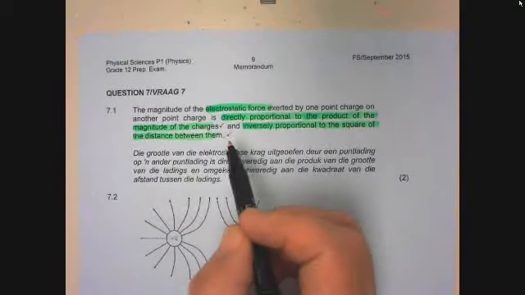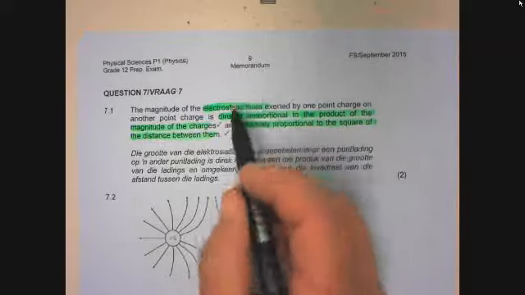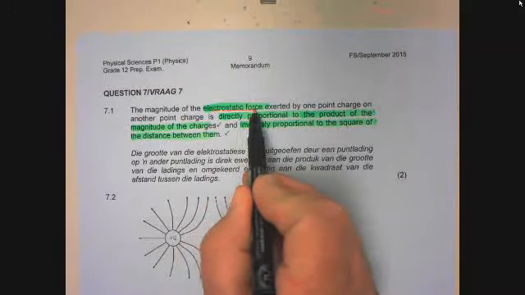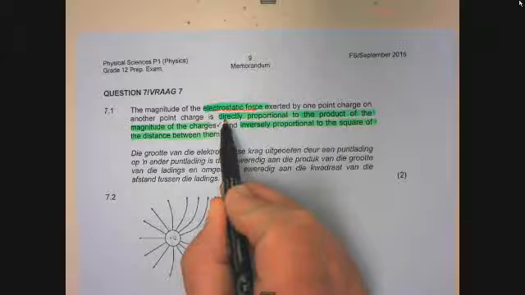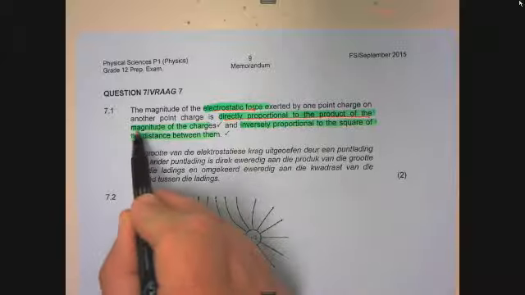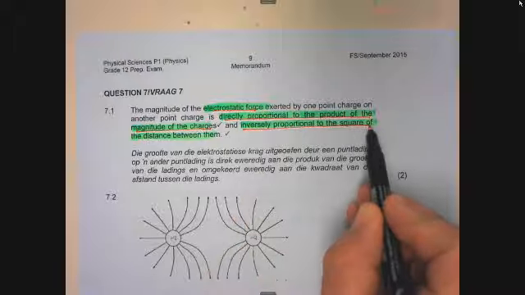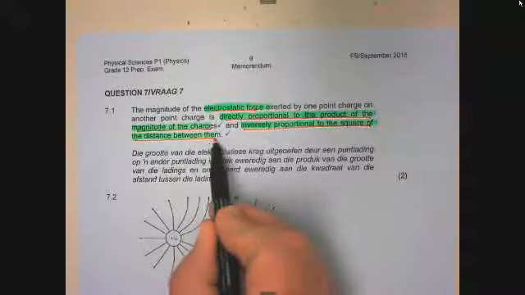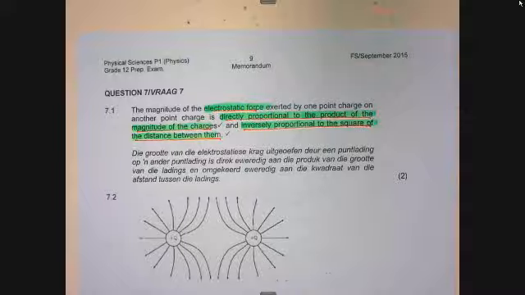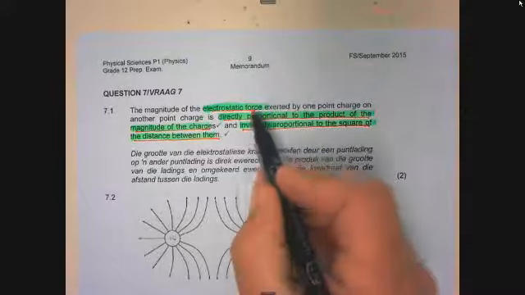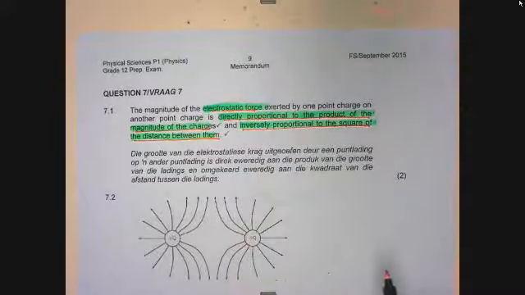The 2 marks allocated are for the electrostatic force being directly proportional to the product of the magnitude of the charges, and then the second mark for inversely proportional to the square of the distance between them. So 2 marks for those 2 parts of Coulomb's law.